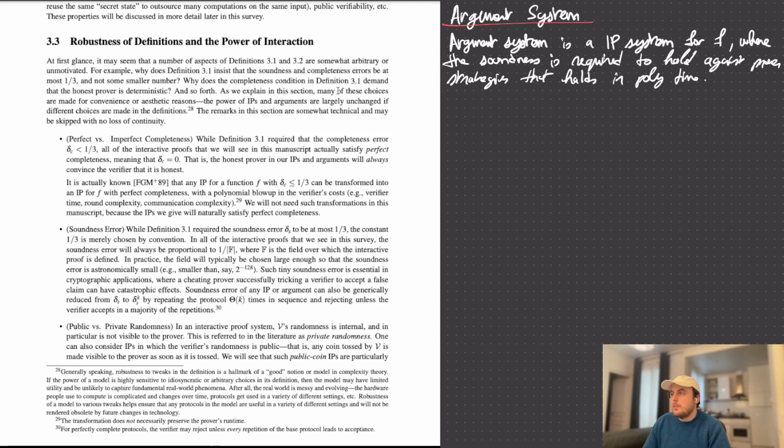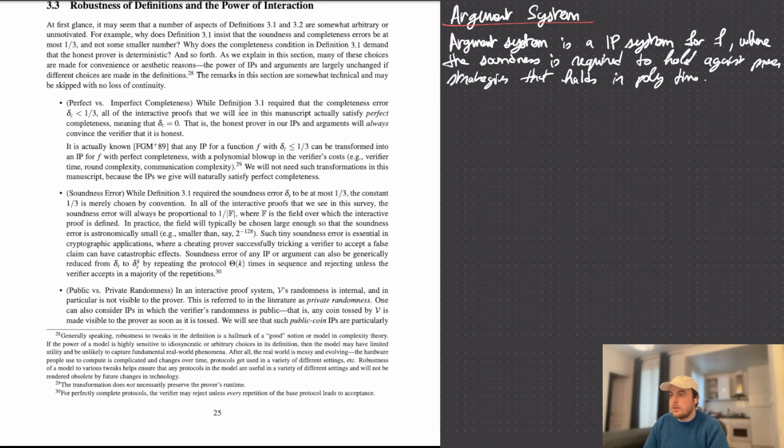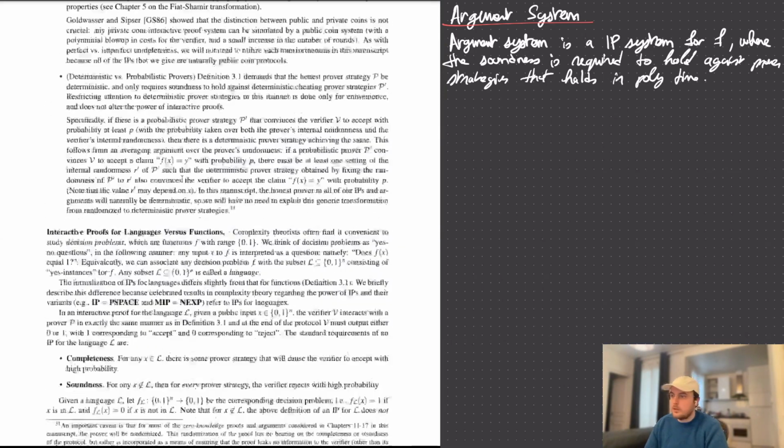As we explain in this section, many of these choices are made for convenience or aesthetic reasons. The power of interactive proofs and arguments is largely unchanged if different choices are made in the definitions. The remarks in this section are somewhat technical and may be skipped with no loss of continuity. Okay, thank you for that, I will skip this.